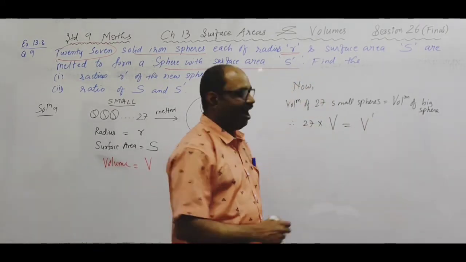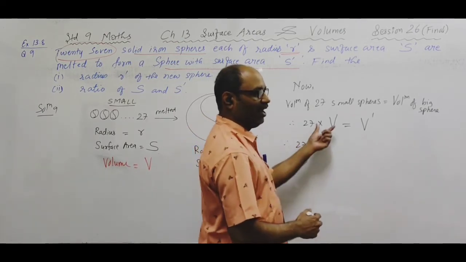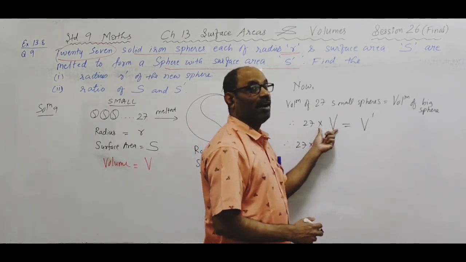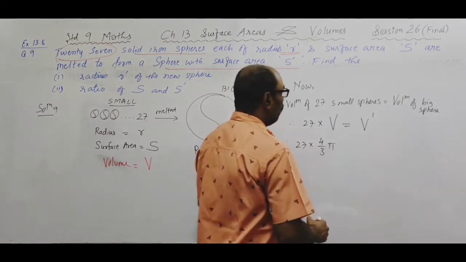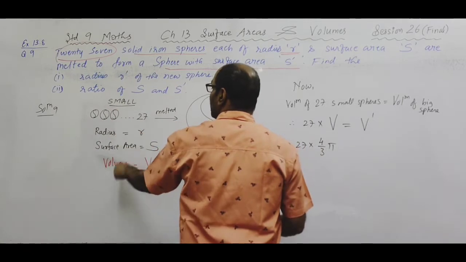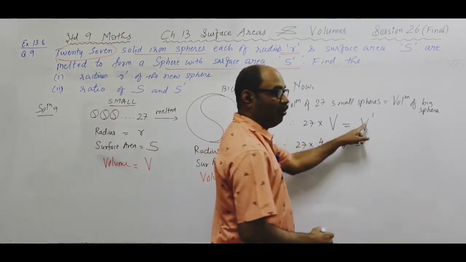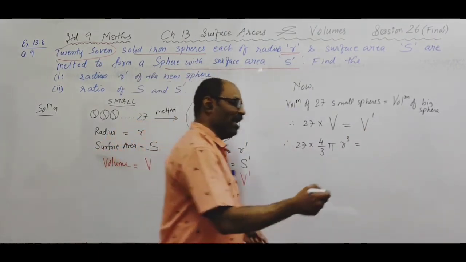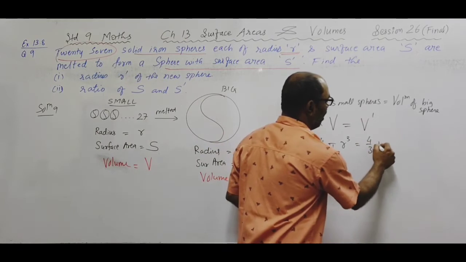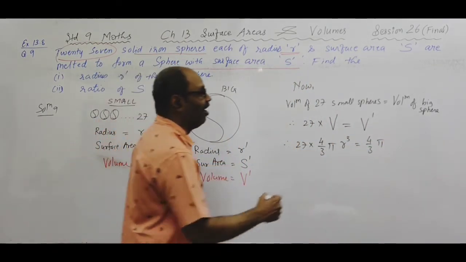Now, using the formula, 27 into the volume of this sphere, which is 4/3 pi r cube, with radius r. Now V dash, the volume of the large sphere, also has the formula 4/3 pi r cube, but its radius is r dash.